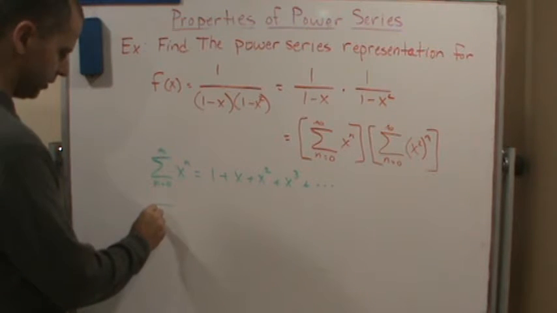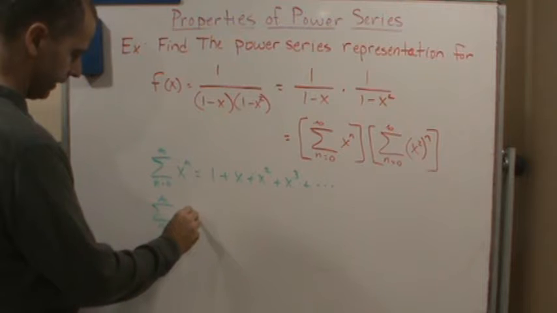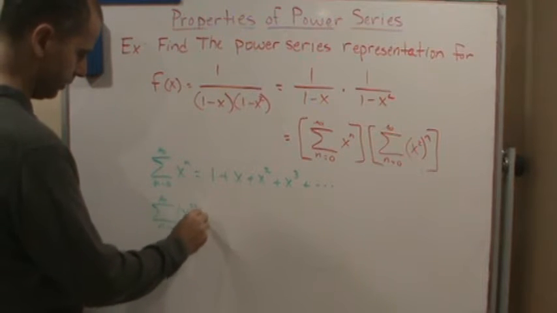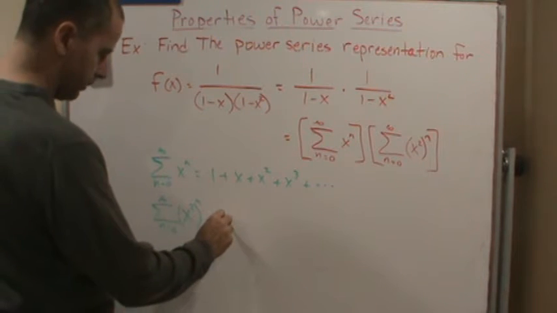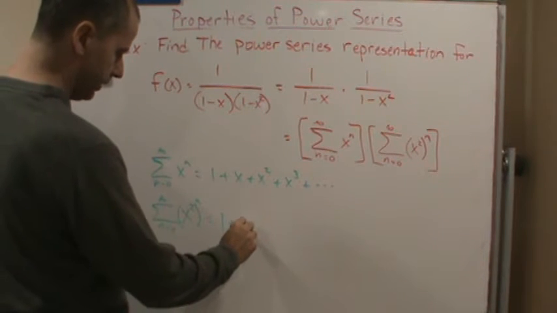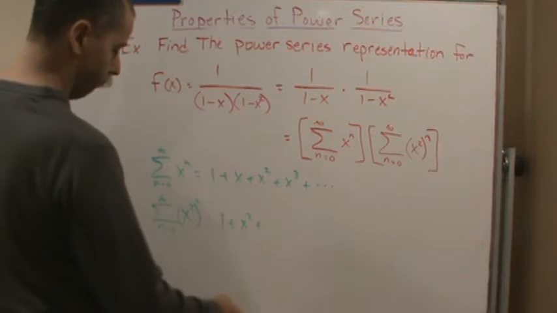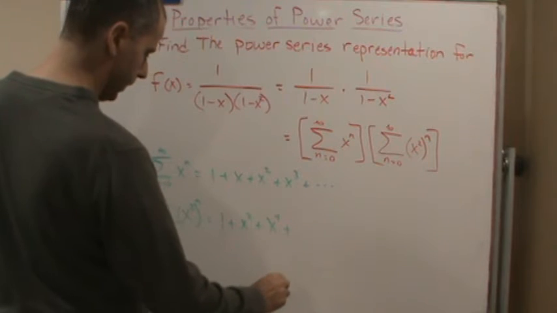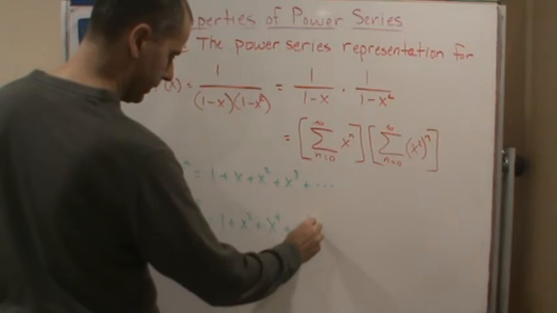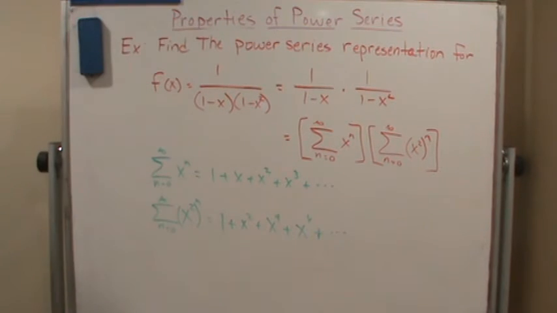And then the other one, the sum from n equals 0 to infinity of x squared to the nth power, well, what is that going to be? Well, that's going to be 1 plus x squared plus x to the 4th plus x to the 6th plus, and so on, right?